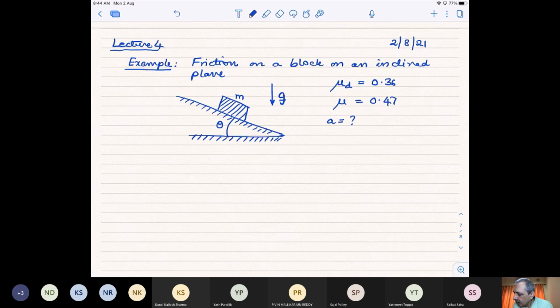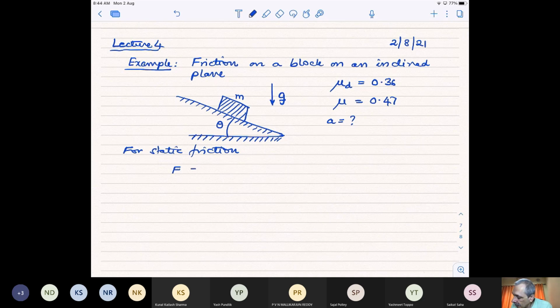So, we know that for static friction, that is when the block is not moving, we have the frictional force which is opposing the force of gravity.